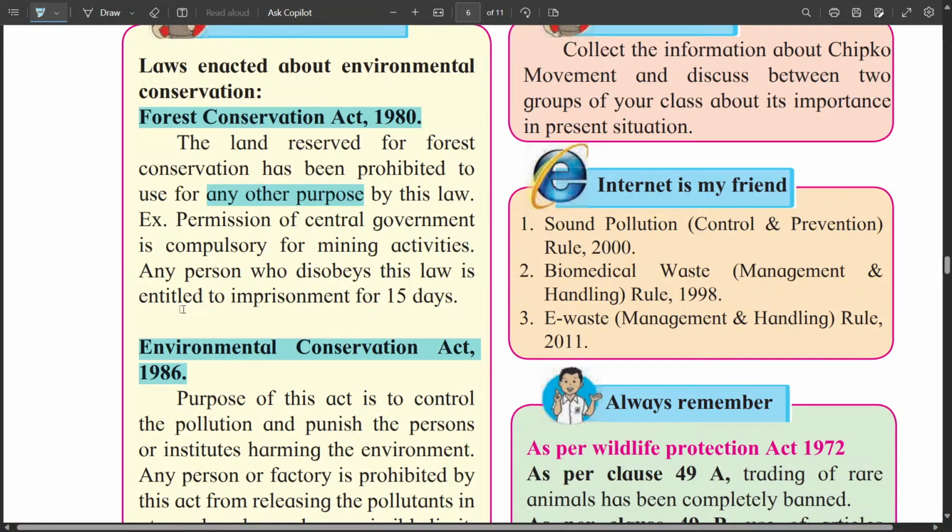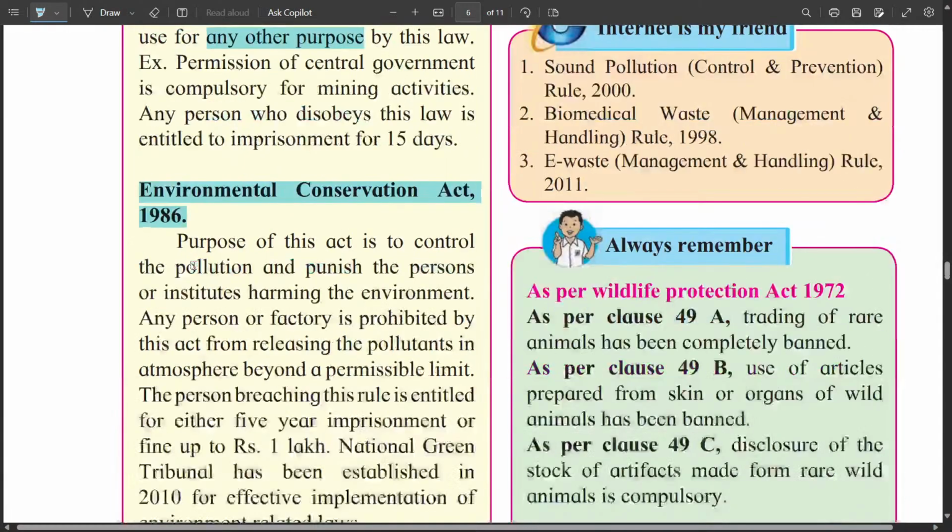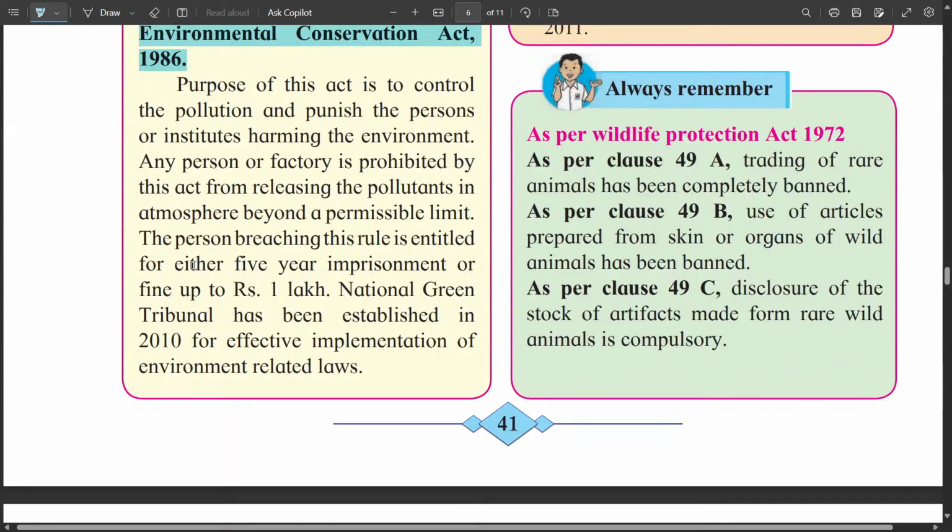The purpose of this act is to control pollution and punish the persons or institutions harming the environment. Any person or factory is prohibited by this act from releasing pollutants into the atmosphere beyond a permissible limit. A person breaching this rule is liable for 5 years of imprisonment and a fine up to 1 lakh.